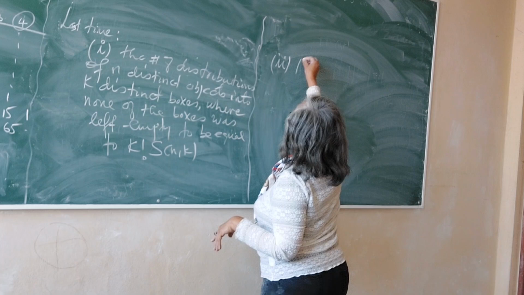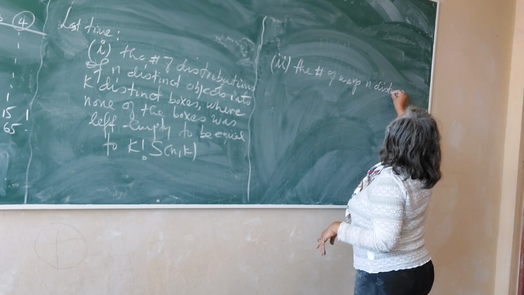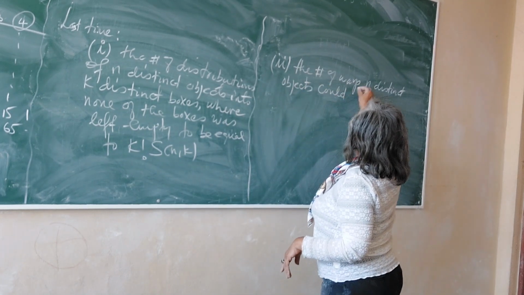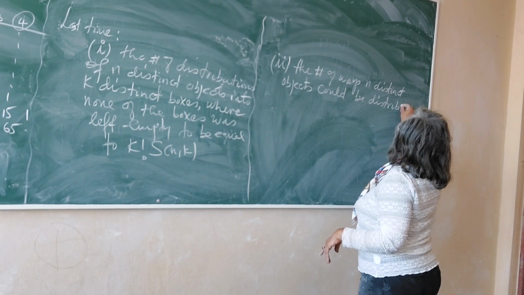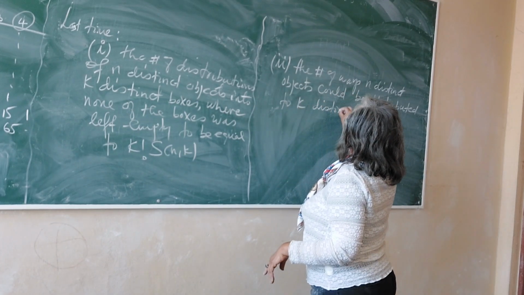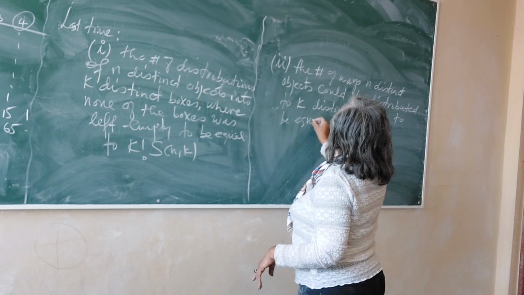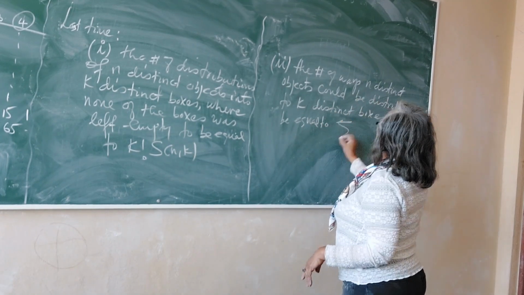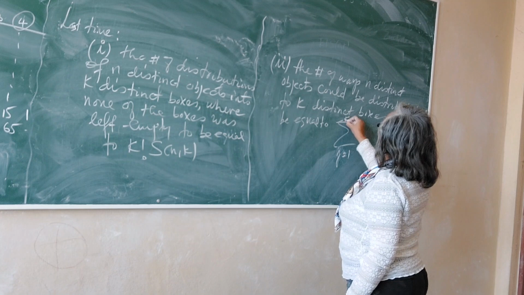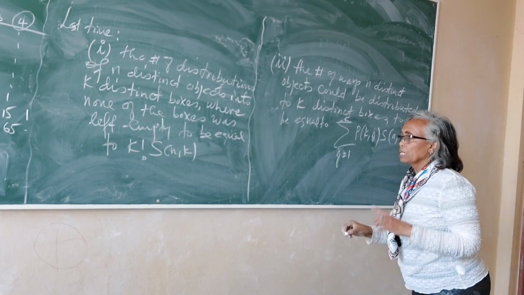we also counted the number of ways n distinct objects could be distributed to k distinct boxes to be equal to the sum, as j varies from 1 to k, of P(k,j) times S(n,j).